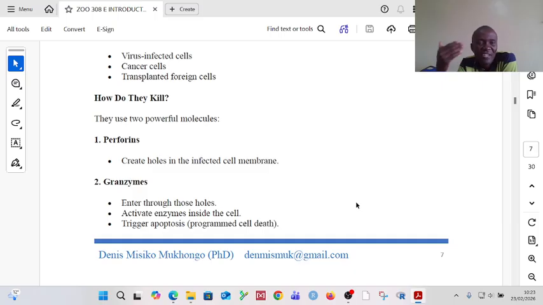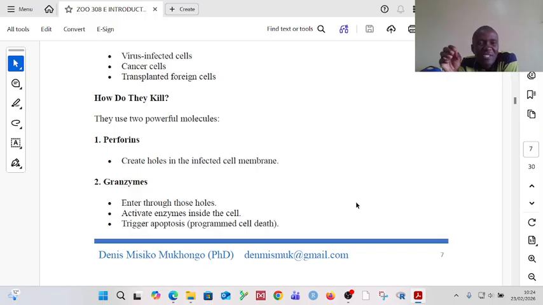the perforins have created. Once they are inside, they will activate enzymes inside that cell. Then those enzymes are the ones that will lead to the death of that particular cell. So the granzymes enter through the holes created by perforins.